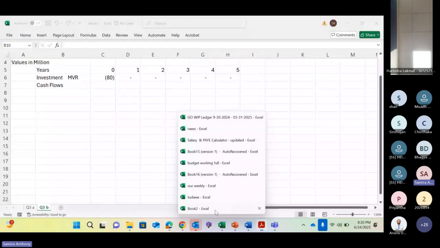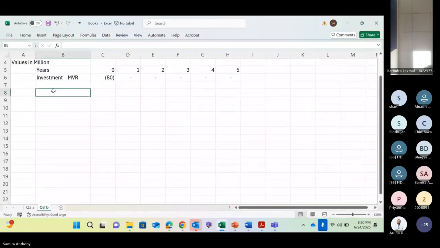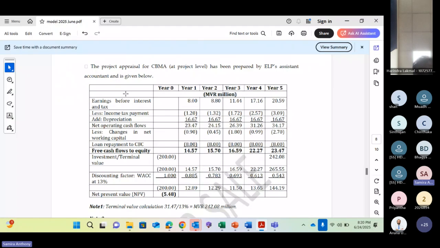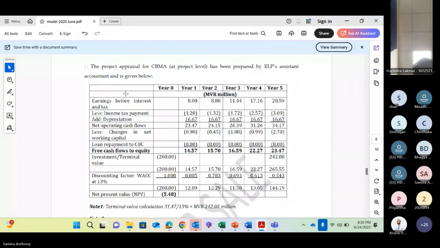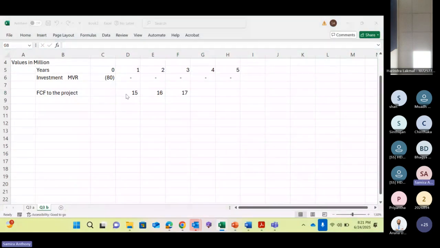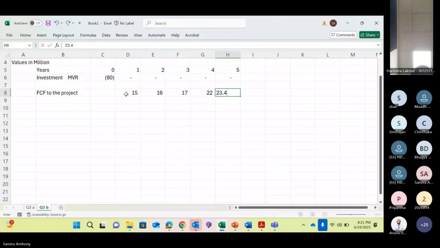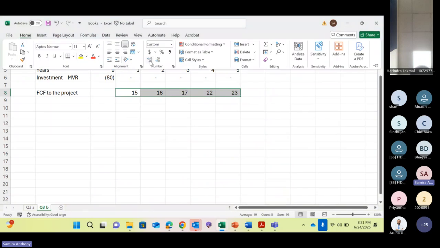Free cash flows to the project are given as 14.57, 15.7, 16.59, 22.27 and 23.47, right. This is the free cash flows to the business.